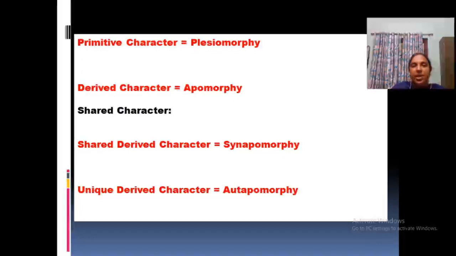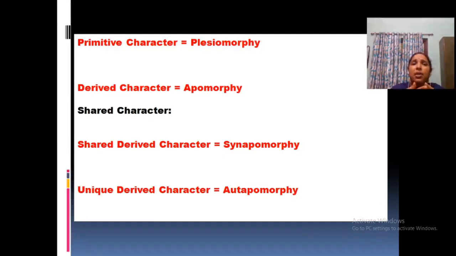Before going into detail, we need to understand some terms. First, there are characters like primitive character, advanced character, derived character, and so on. What we mean by the primitive character is commonly known as plesiomorphy. Here everything is related to morphological features. And derived characters: when speciation is progressing, some of the characters are evolved or derived ones.